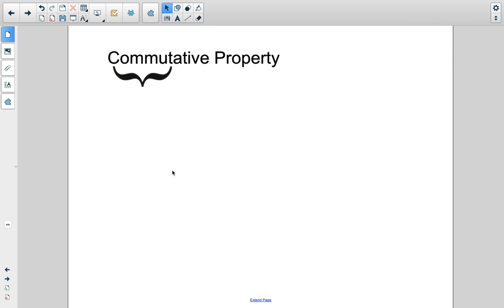You've probably heard of commute before, because if someone needs to commute to work, that means they're traveling or moving somewhere to get to work. So commute actually means move around.